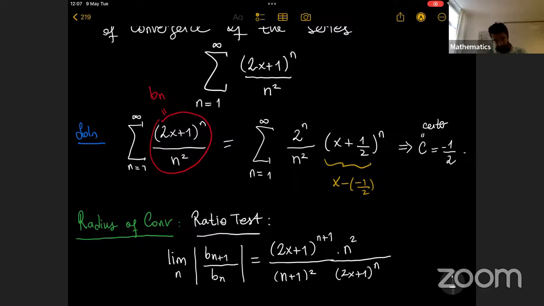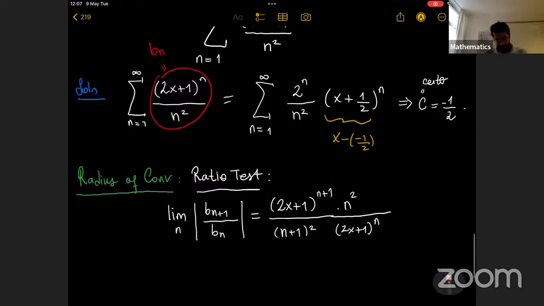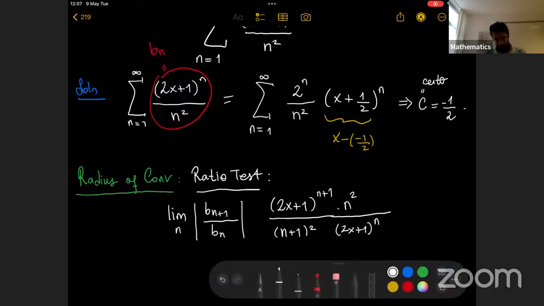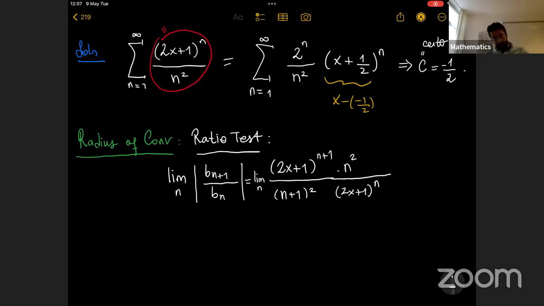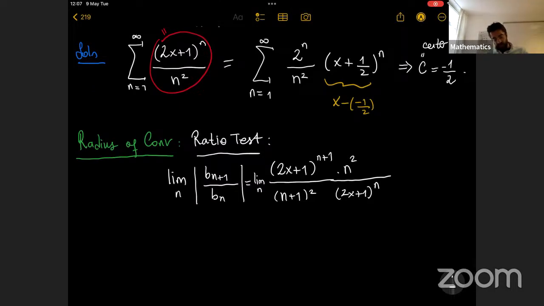Forgot the limit here, as n goes to infinity. I don't write n goes to infinity, but when we're talking about sequences, n always goes to infinity. What is this limit? Well, we can simplify a little bit.